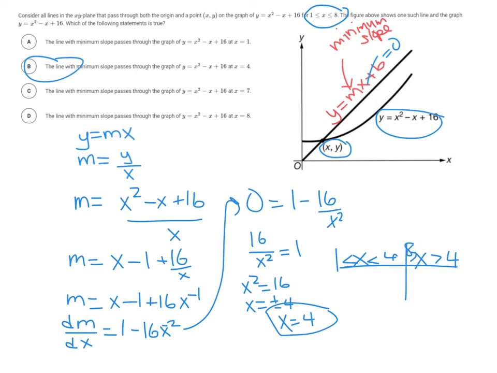So I'm going to go ahead and choose maybe like 3 or something like that. Actually, I'll choose 2. That one's a little bit easier to work with. If I choose x equals 2, I will find that this is a negative. If I choose something greater than 4, like 5 or something like that, that does give me a positive. So that does mean that there is a minimum at x equals 4.